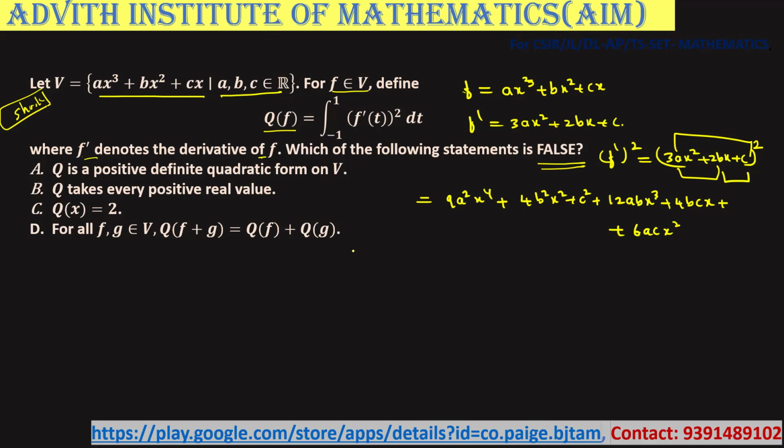So now integrate. Now find the q of f, which is equal to minus 1 to 1 f dash of t whole square అన్నాడు.